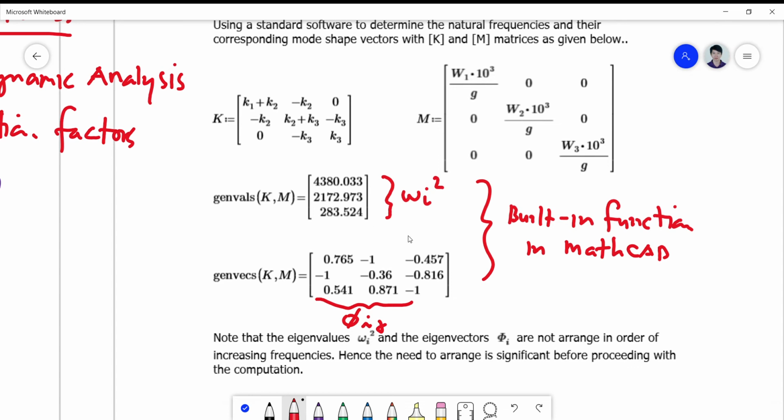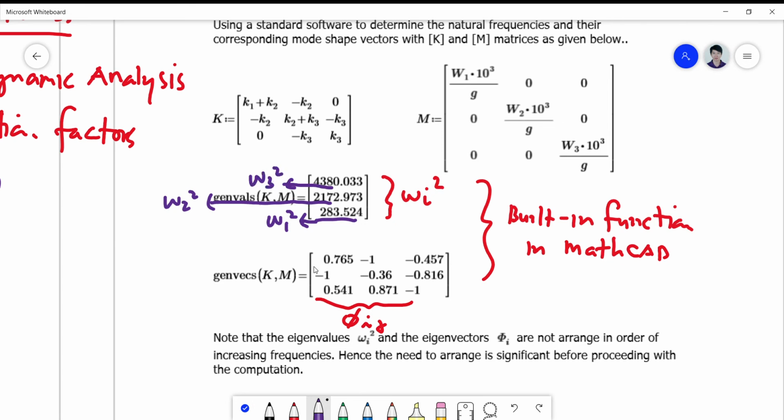So if this is your omega 1 squared and this is your omega 2 squared, this must be your omega 3 squared.